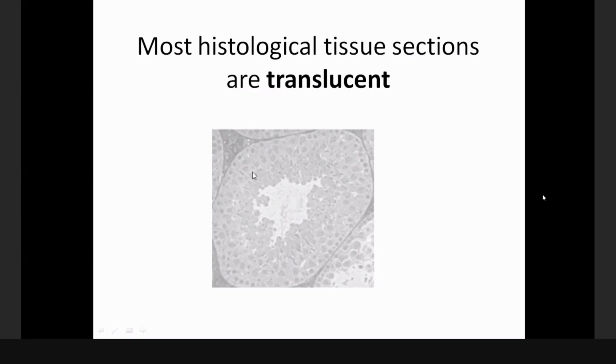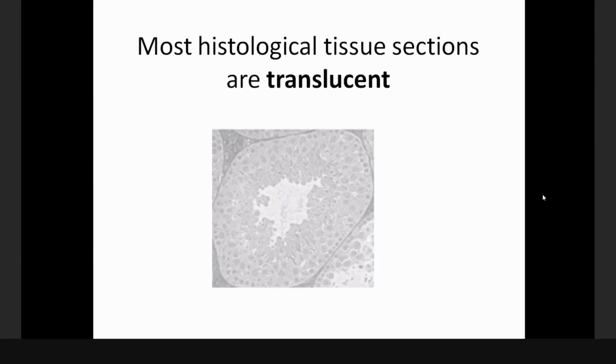Okay, let me now take you through the next step, because unless we impart some artificial contrast coloring, most of our tissue slices are translucent. They appear like this, where you may not be able to distinguish the nucleus from cytoplasm. Within cytoplasm, you may not be able to distinguish the different components we have within our cell.